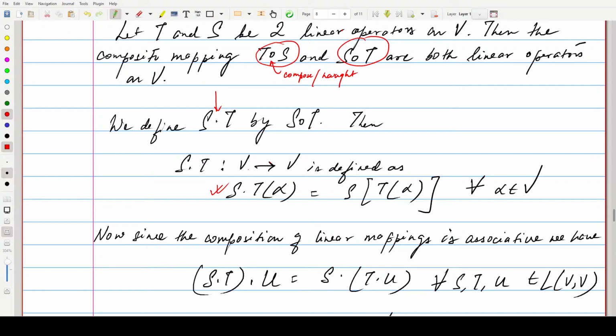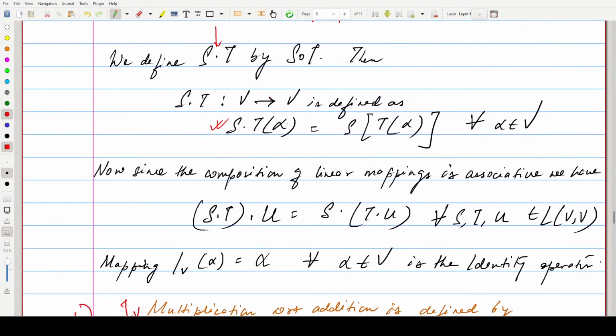Now, since we have the composition of linear mappings, we're going to prove that it's associative, and later on we may look at what happens when these two are commutative, but that's a very good point to note for all you math nerds out there.